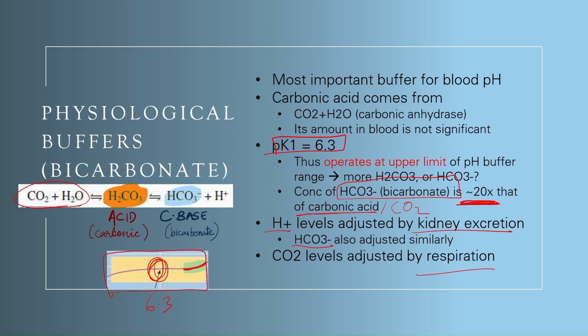So when you have equal amounts of the acid and the conjugate base, this is gonna be the range or region of the buffer. But when you have more base than acid, right, more bicarbonate ions, they're gonna buffer at this higher range. So you maintain it around 7.4 in this way. Okay? I hope that is clear.